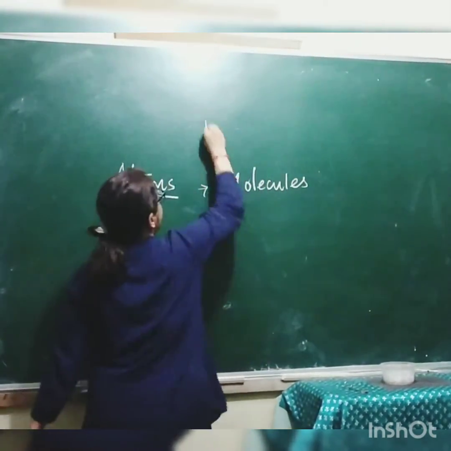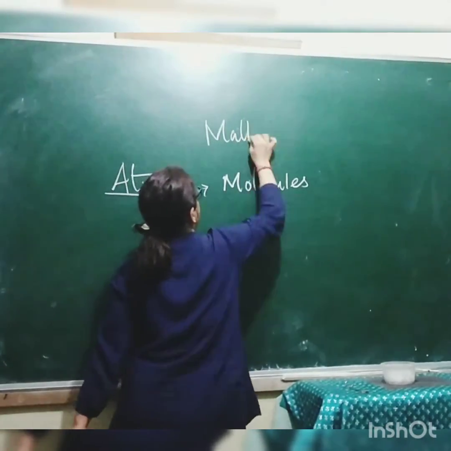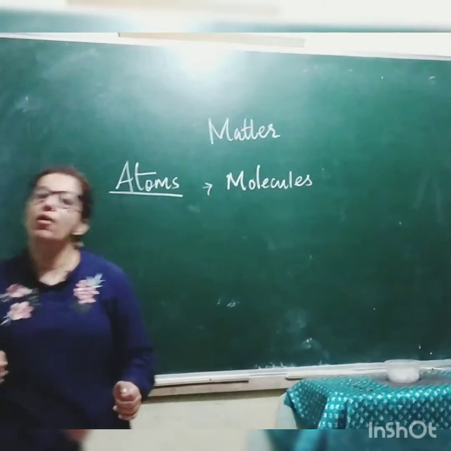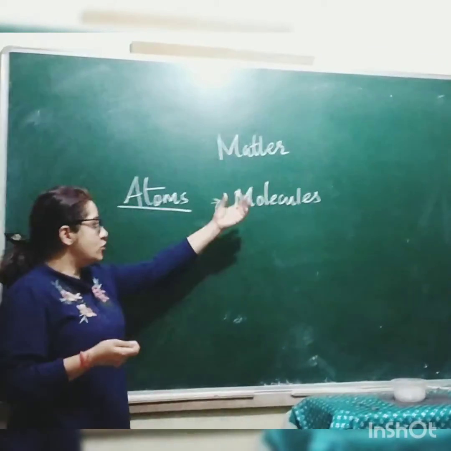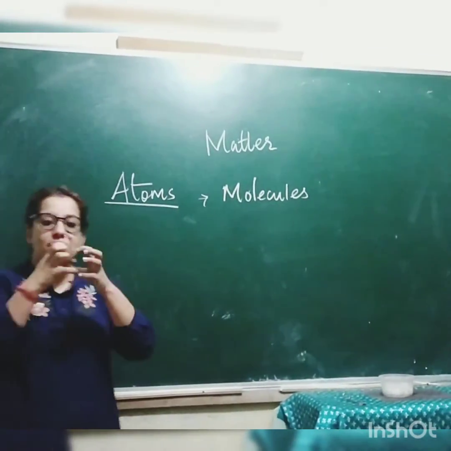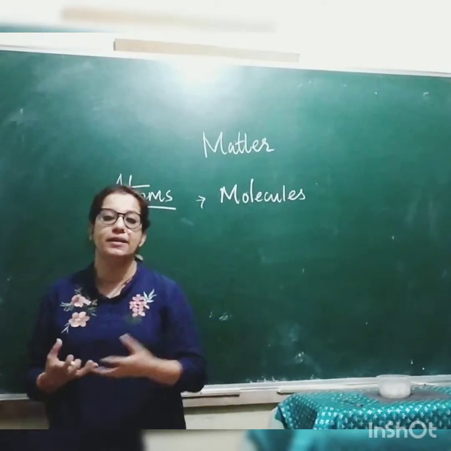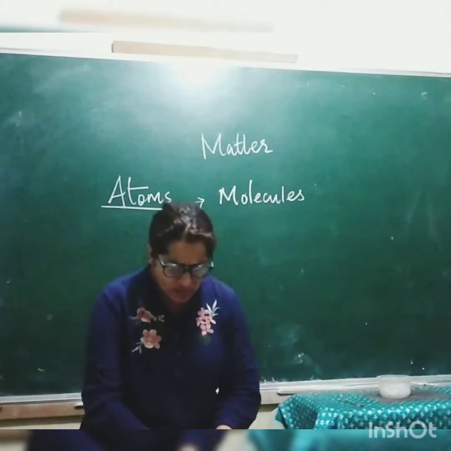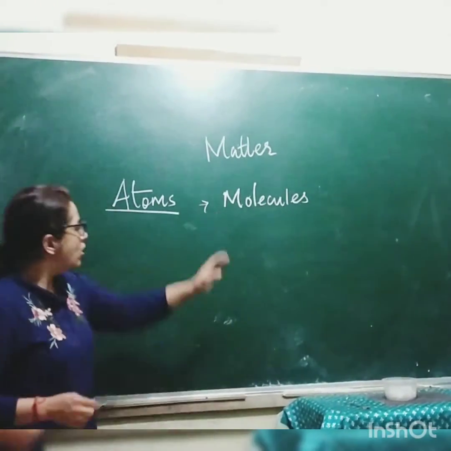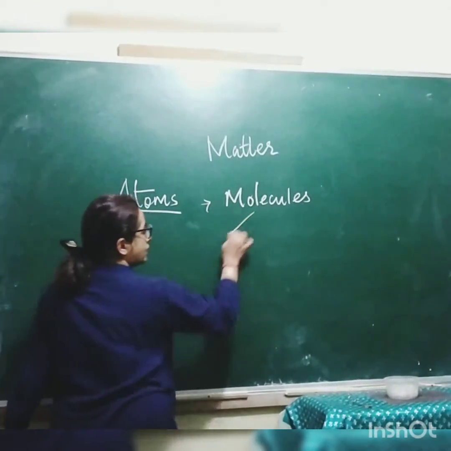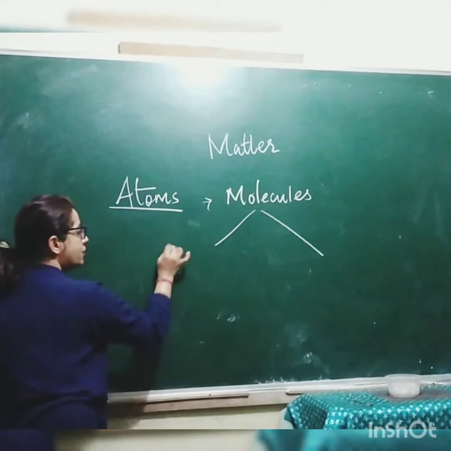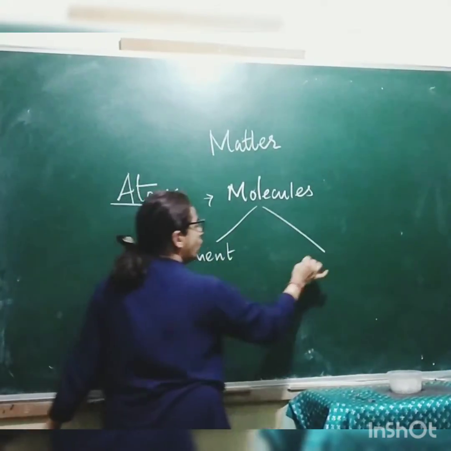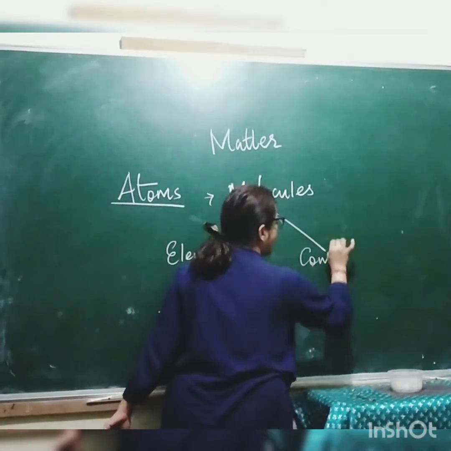These molecules are actually made up of atoms. Okay? So molecules are nothing but atoms which have combined together. Now molecules are of two types: molecules of an element and molecules of a compound.